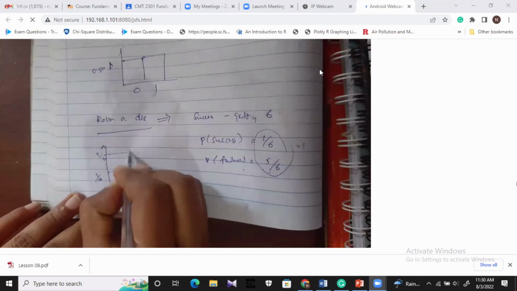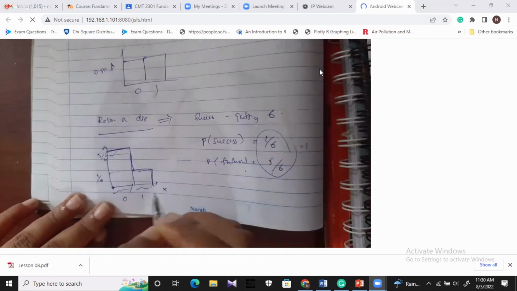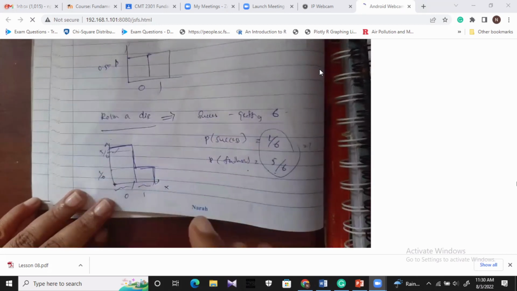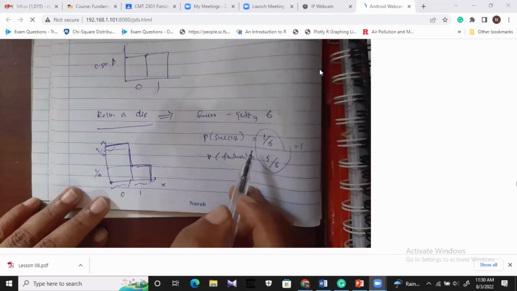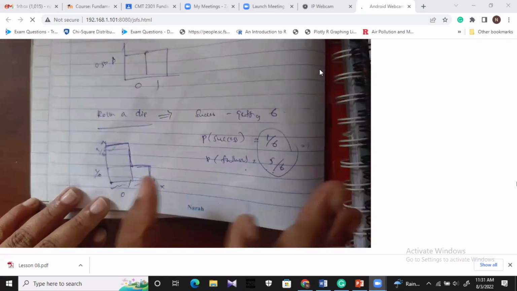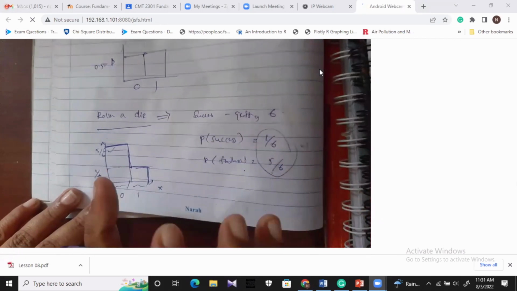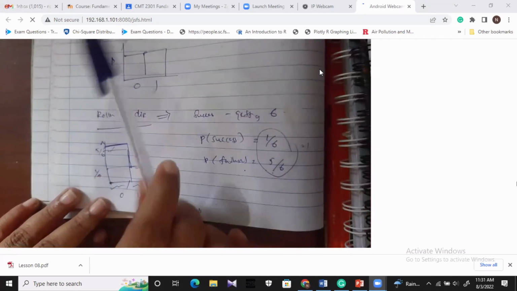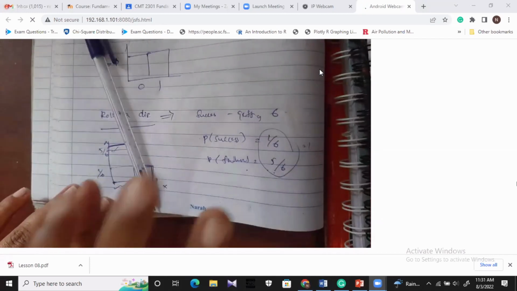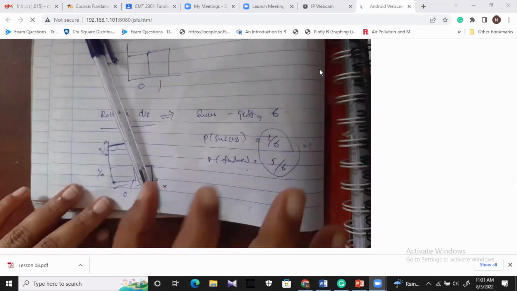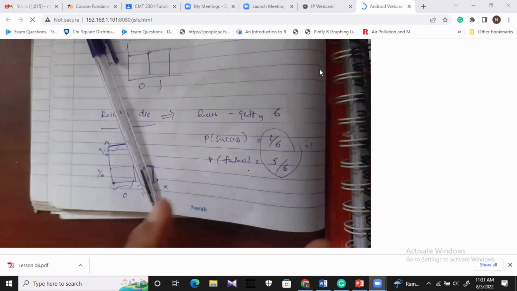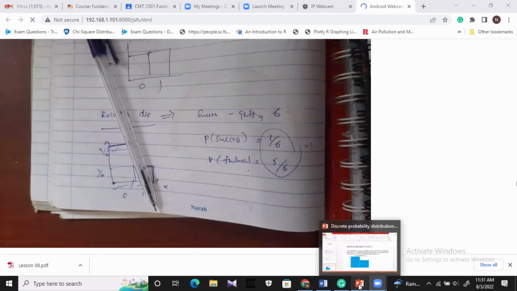So what you need to understand here is that these values of P can vary with the Bernoulli experiment. Sometimes P and 1 minus P can be equal, but sometimes P and 1 minus P can be not equal. I hope you understood how to identify a Bernoulli trial and Bernoulli experiment.